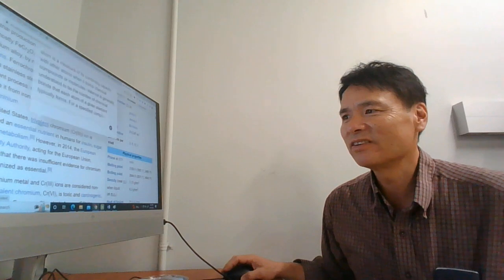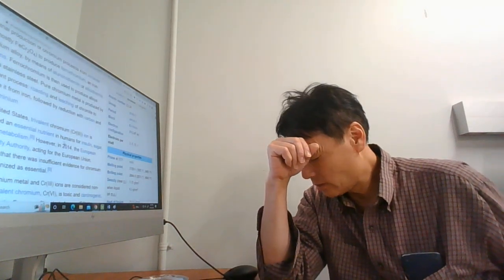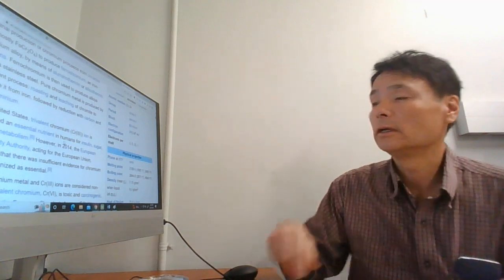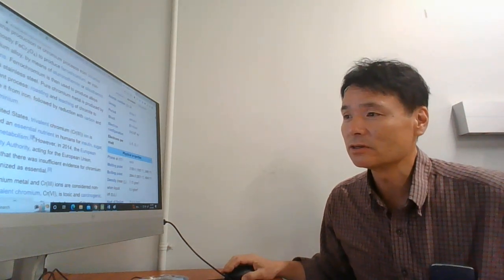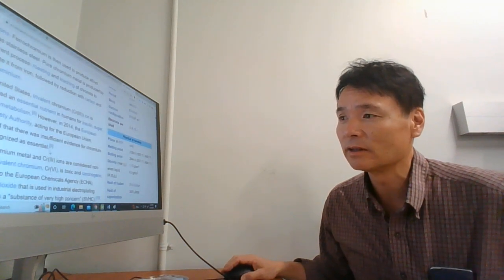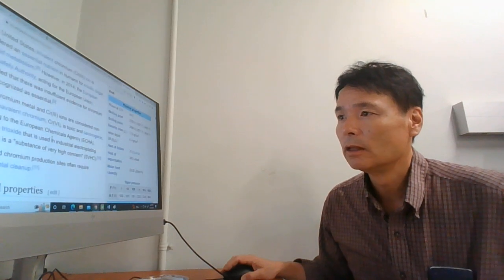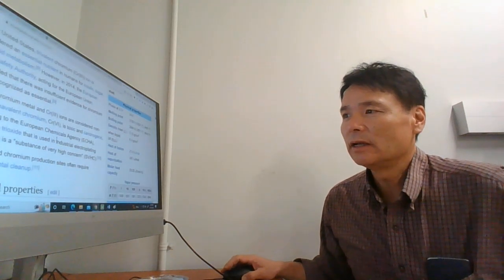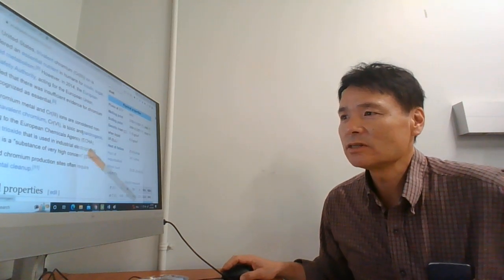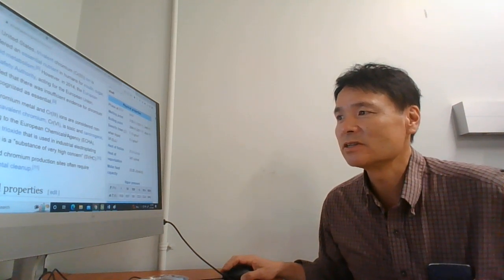So in the U.S., trace amounts of chromium were thought to be essential for good health. And I guess there's some debate about this, so you can read the countering argument by hitting these footnotes. While chromium metal and chromium-3 ions are considered non-toxic, hexavalent chromium-6 is toxic and carcinogenic.